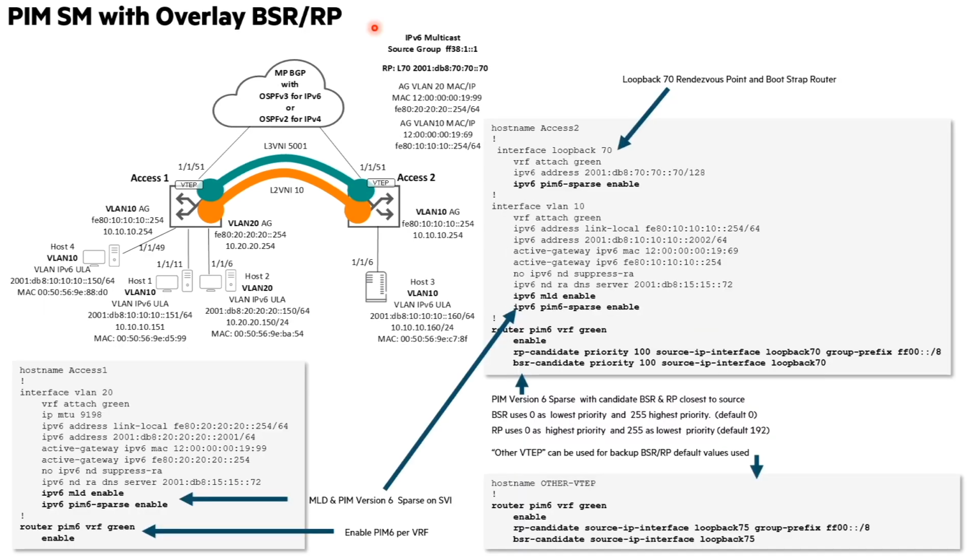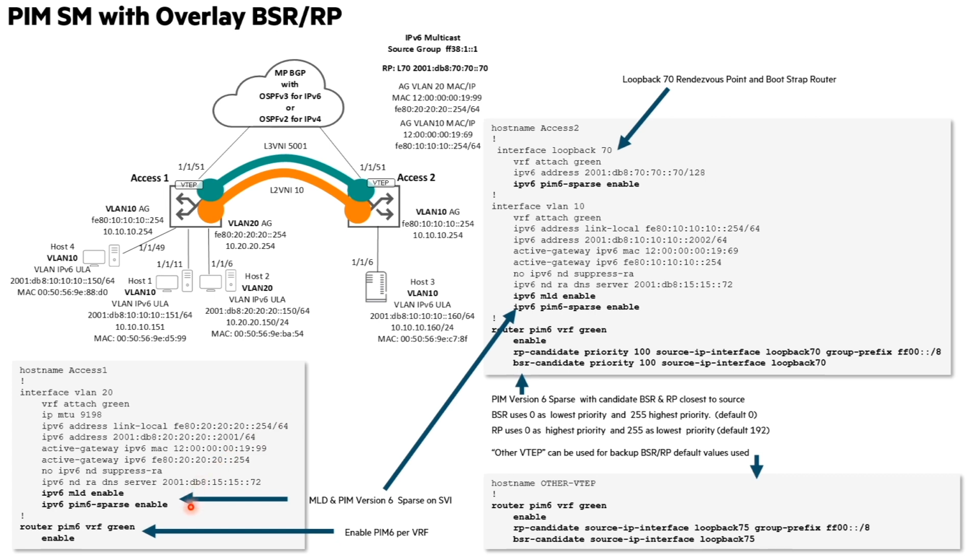Now let's look at PIM sparse mode in the overlay with a bootstrap router and a rendezvous point. So the basic is when you have PIM sparse mode, you configure that on the layer 3 interfaces.